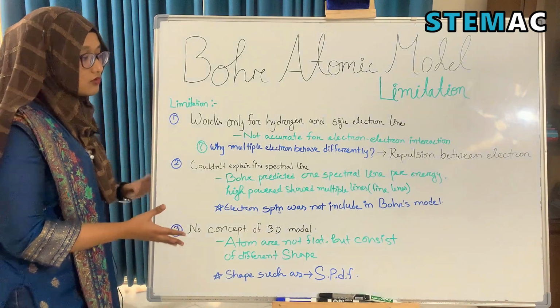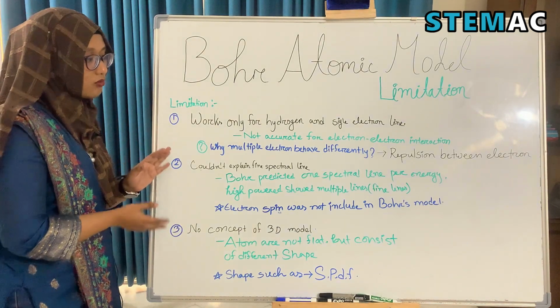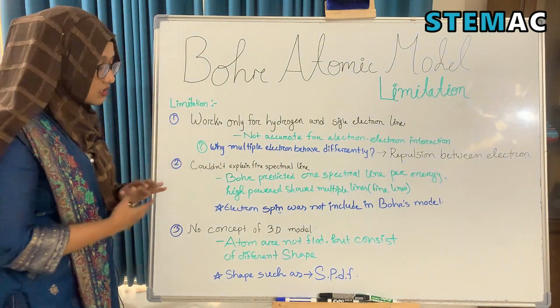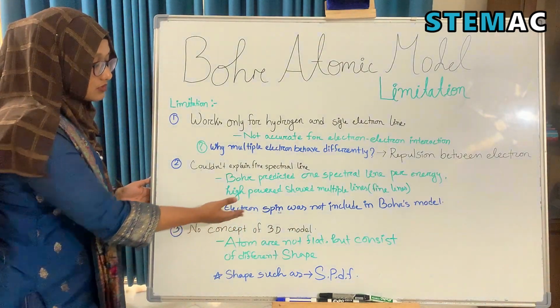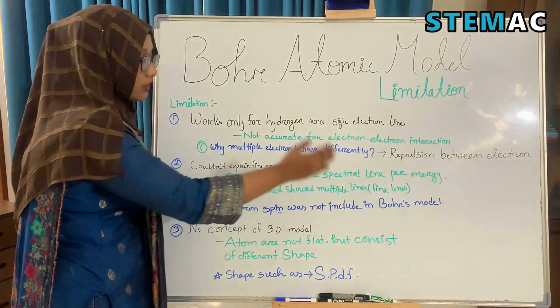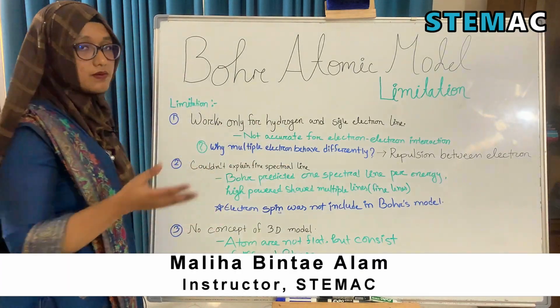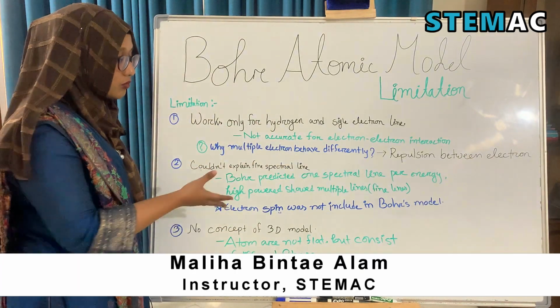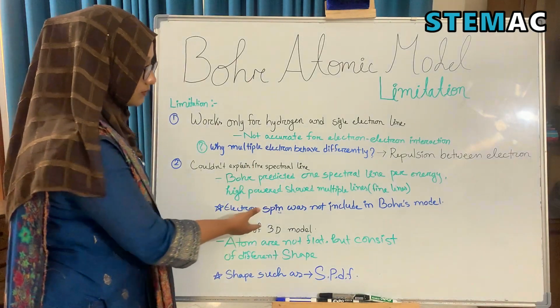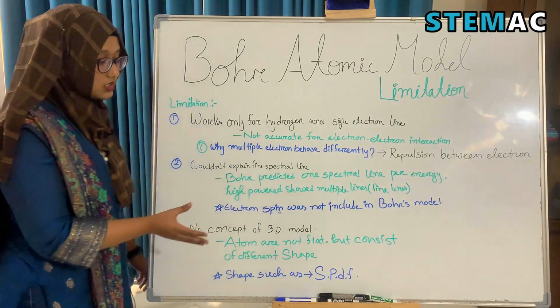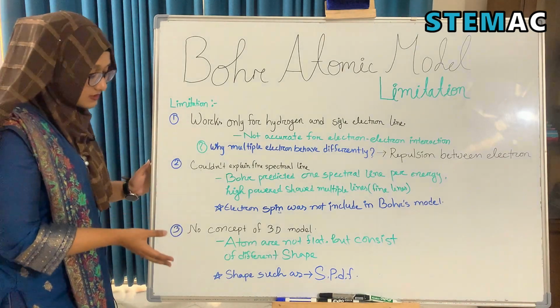He could not explain why there are many lines. He also could not explain whether the electron is spinning, and whether the spinning causes the light. He could not explain these things at his time.